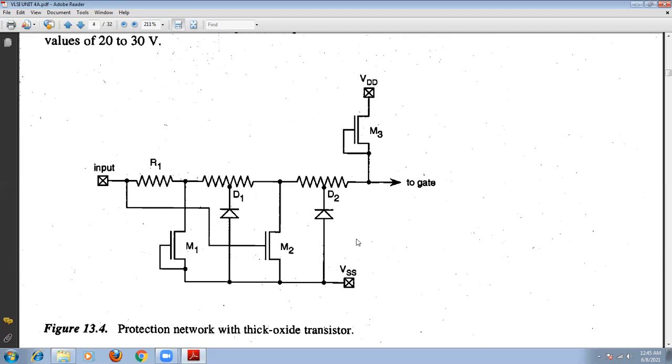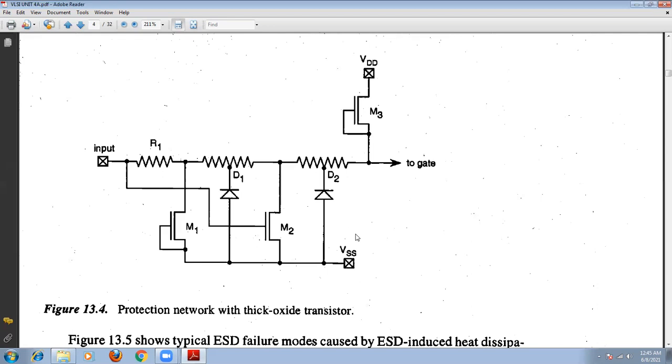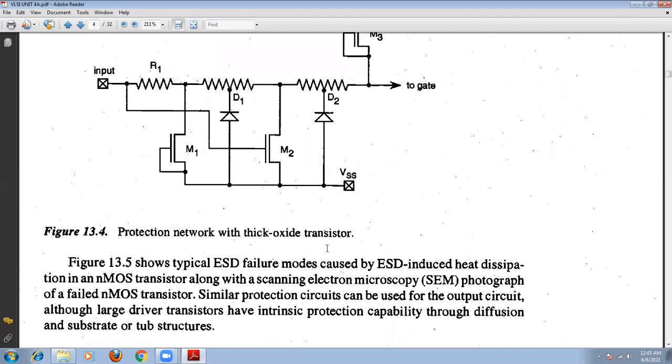For the positive transition, the threshold voltage of M1 and M2 should vary from 20 volts to 30 volts. So that is about the protection networks we are using in the circuit.